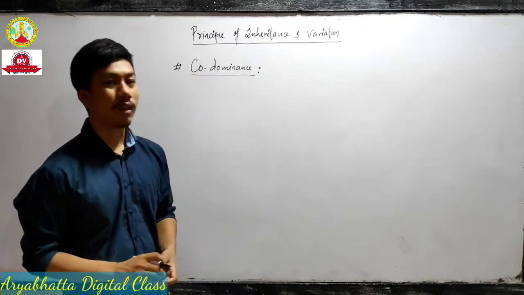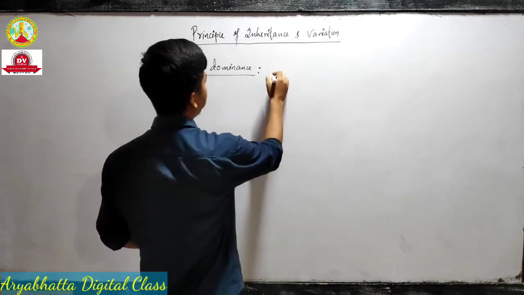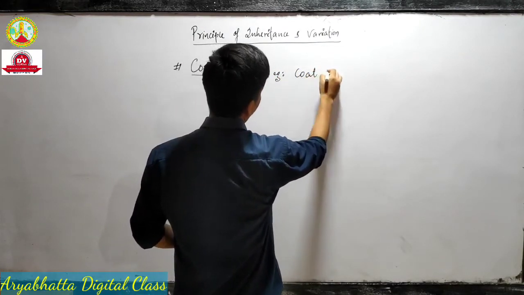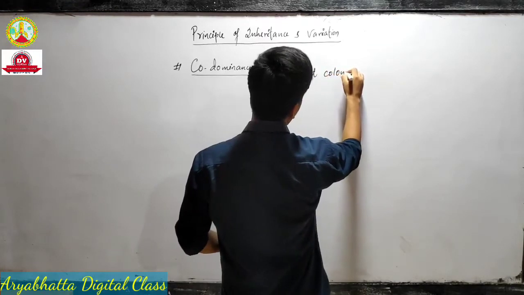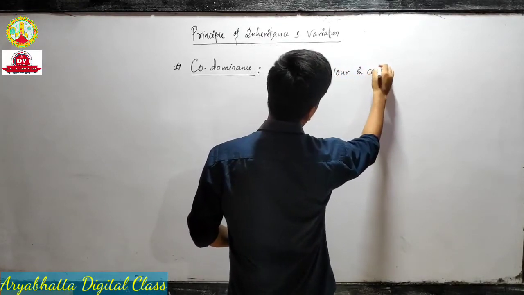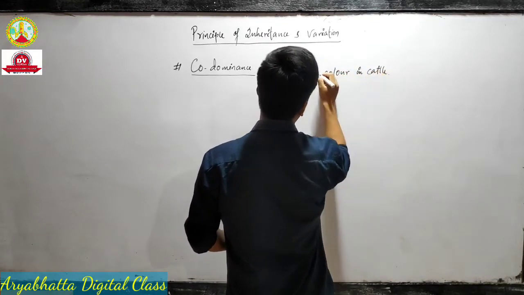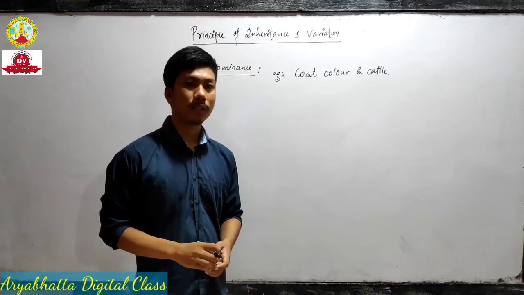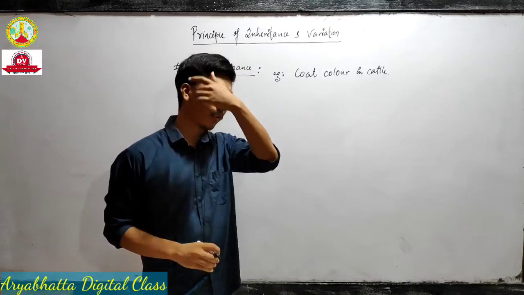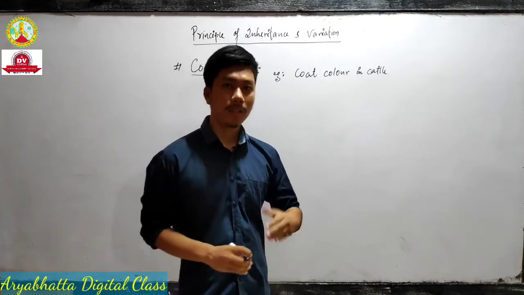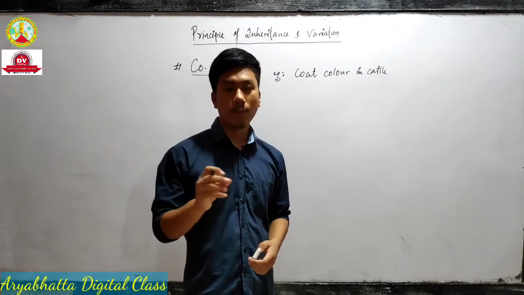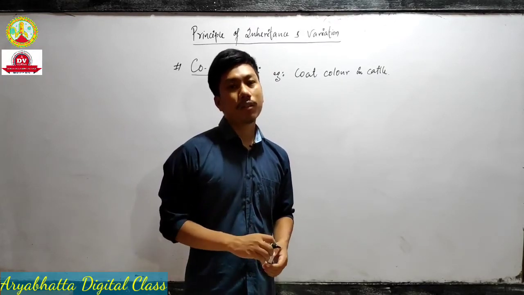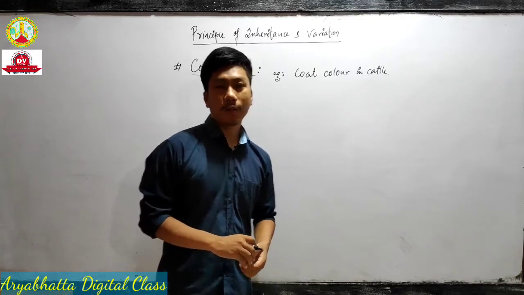So codominance is seen in the case of coat color in cattle. You might have seen in some cows, there is white along with black patches. So that color indicates codominance.